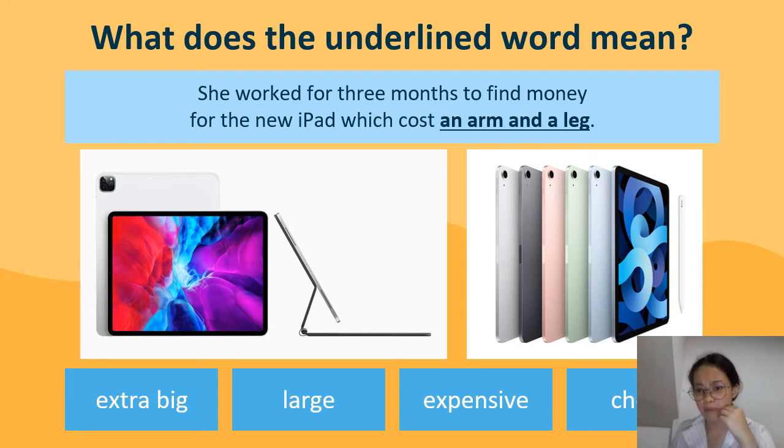We talk about money. Extra big? No. Large? No, that talks about size. Expensive? Oh, yes. Cheap? Oh, yes. So what do we have to do? They talk about money, with two choices. Expensive or cheap? Let's go find out.